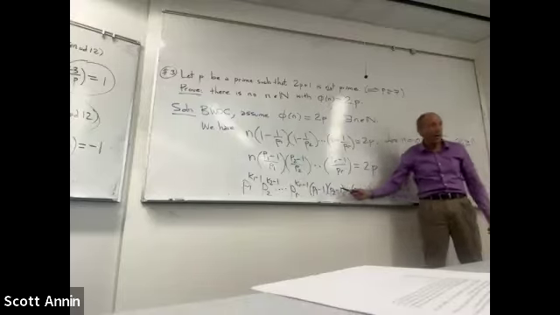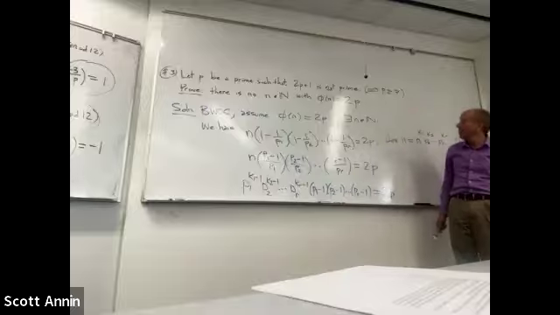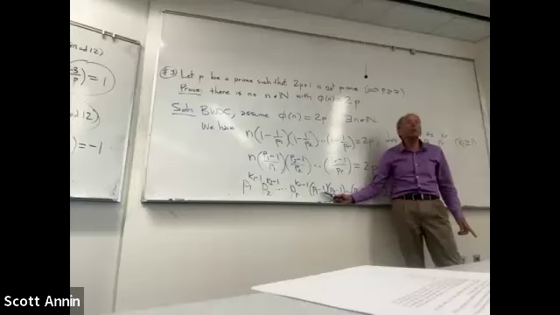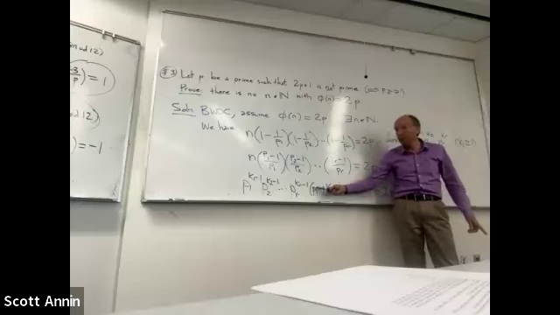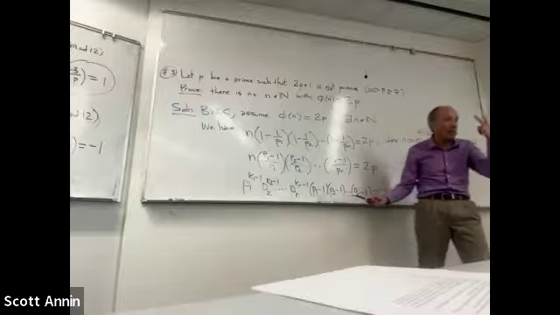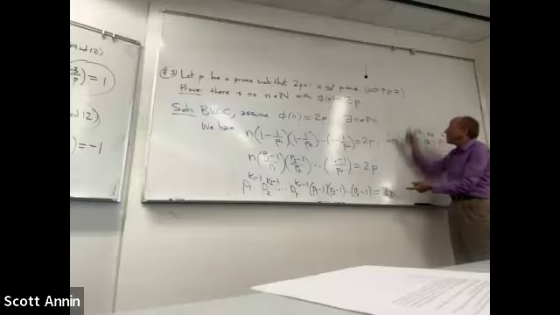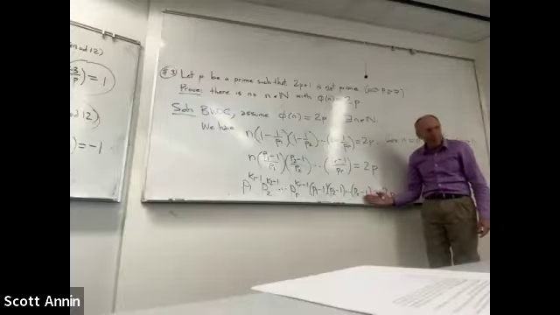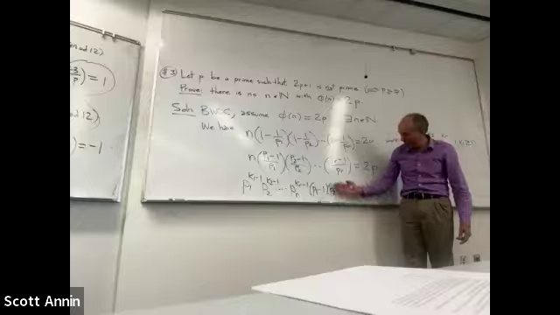None of these are going to be p because these are not even primes. Unless p1 was 3. If p1 was 3, then when you subtract 1 from it, it becomes 2, which is a prime. But that's not the prime p. p is a bigger prime than 2. So this is not p, this is not p, this is not p.